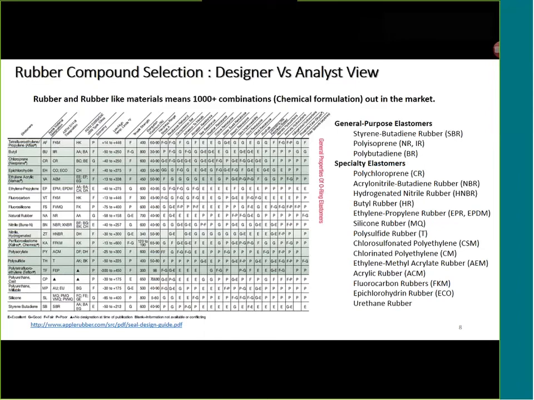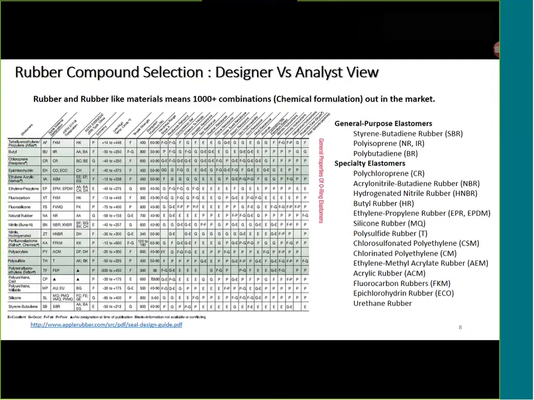From the analyst point of view, once a particular chemical composition is chosen, the analyst needs to understand what the material characteristics are for that particular rubber component and how we capture deformation under a given loading condition, and how we capture the stresses and strains that get induced in the rubber component because of the different applied loading.